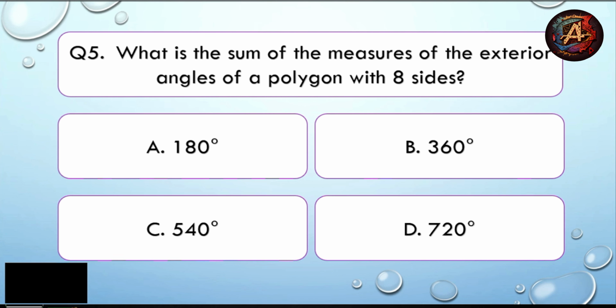And if you can remember, what is the total measurement of a circle? Very good. That is equal to 360 degrees. So our correct answer in this question is letter B.